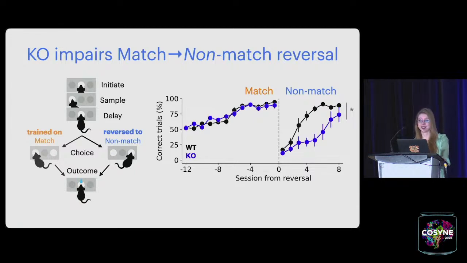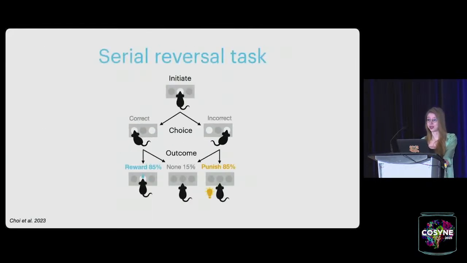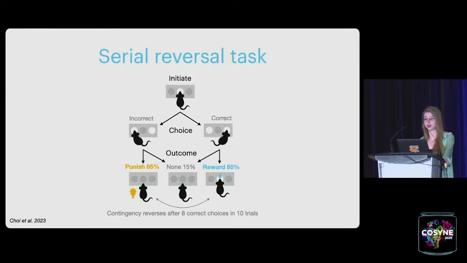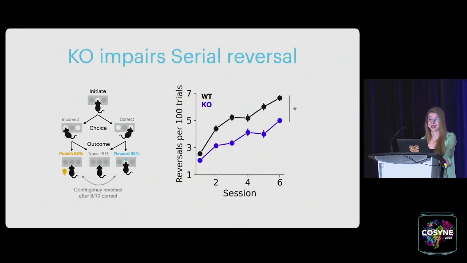So after seeing this really large reversal learning impairment, we also wanted to know whether it would generalize to a more rapidly changing environment. So we also tested a task with repeated within-session reversals, where the rewarded and punished port would swap anytime the mouse made at least 8 correct choices in 10 consecutive trials. So there could be multiple reversals per session. And we see impaired performance in knockouts in this task as well.